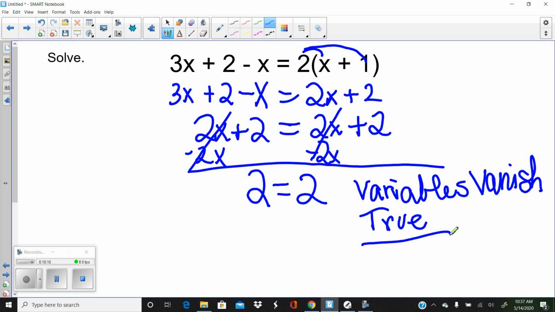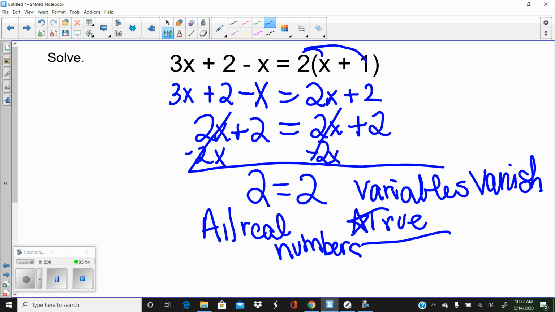We get variables vanishing and we end up with a true statement, so that means you have to draw a conclusion. The conclusion here, because I have a true statement, is that the solution is all real numbers.